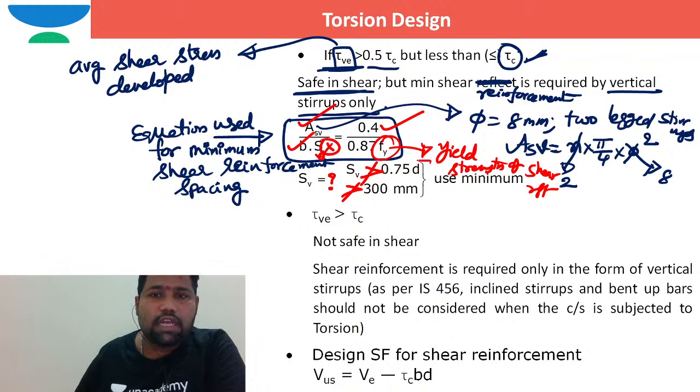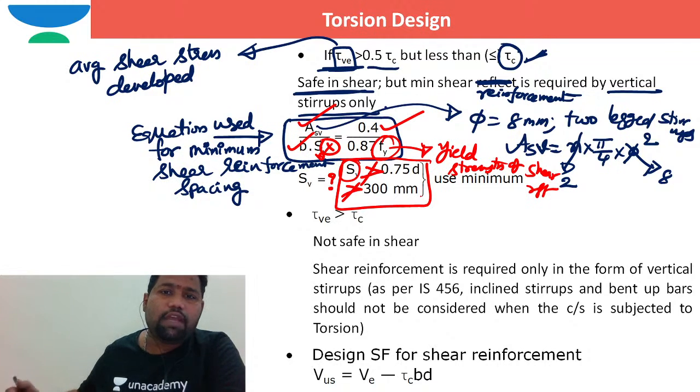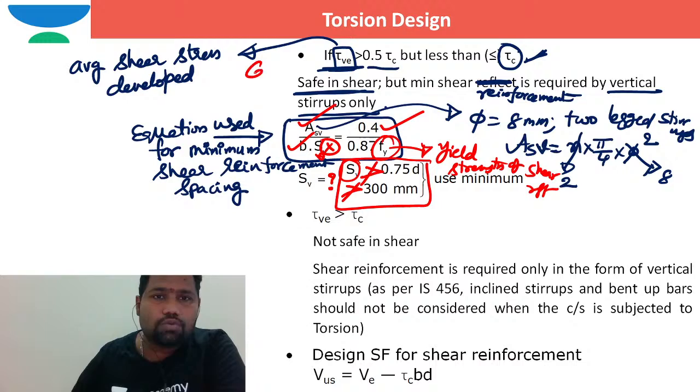These are the conditions I need to use. I need to use the minimum of these three: Sv, 0.75 times d, and 300 millimeter. So Sv I had worked out from the above equation. Now this may be case two.